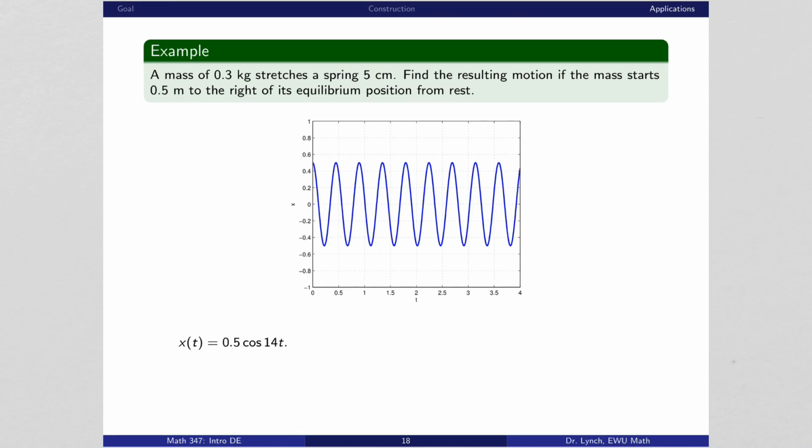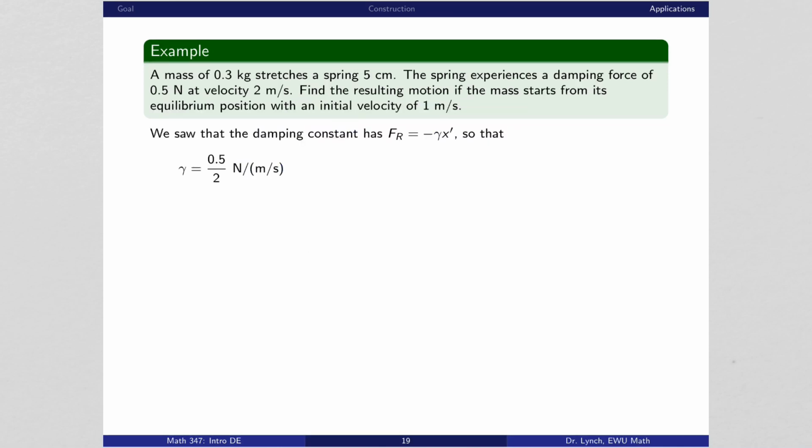Okay, a second example of a mass spring system. Here we'll go ahead and look at the same spring constant, but assume that the mass experiences a damping force of 0.5 newtons at a velocity of 2 meters per second. So we saw before that the damping constant turns out to be 1/4 of a newton per meter per second.